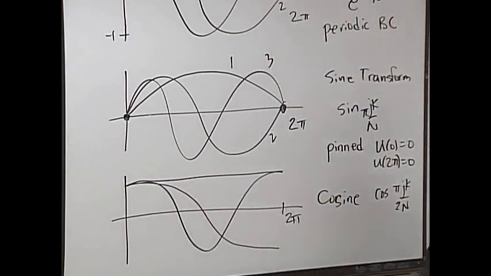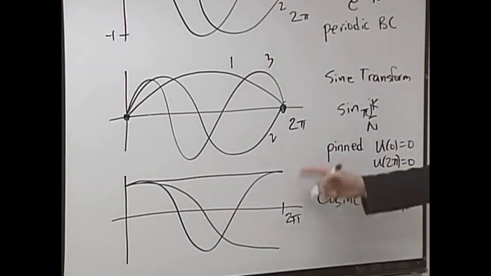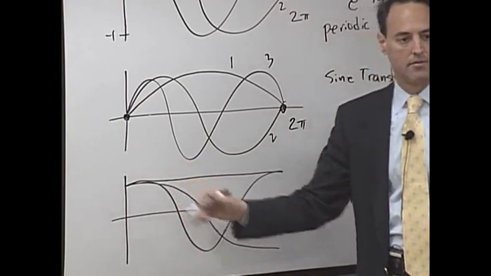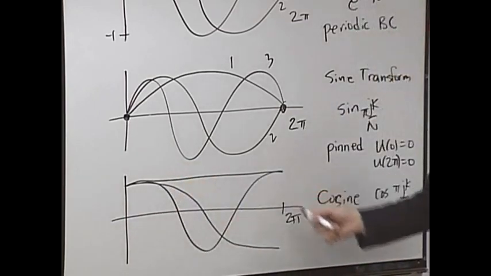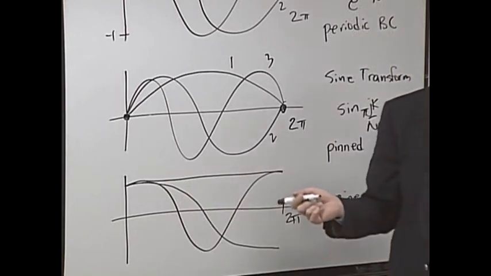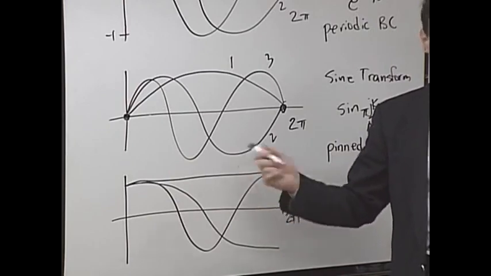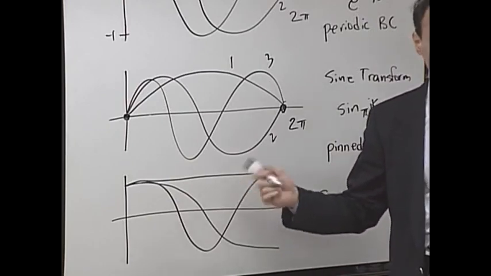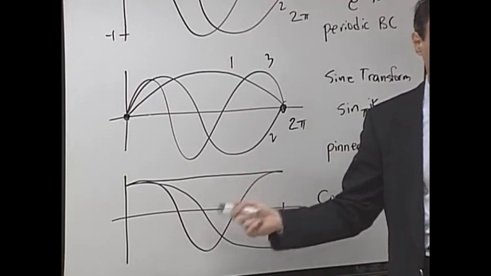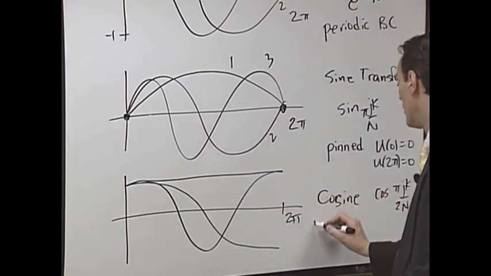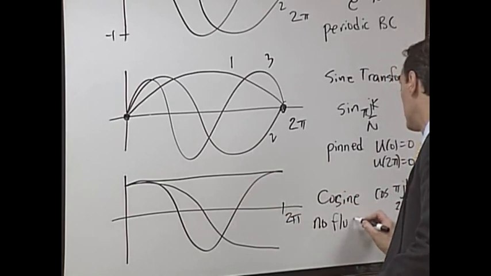What are the boundary conditions now? Certainly, you go from 1 to minus 1 on this side, or it could be 1 to minus 1 on this side if you flip it. But at the boundaries, what are the derivatives? If you take the derivative of cosine and get a sine, at the boundaries the derivative is 0. That's what a cosine will give you. It will give you what's called no flux boundaries.